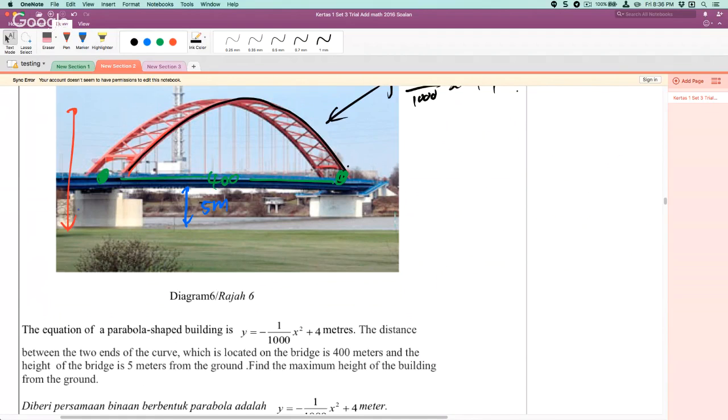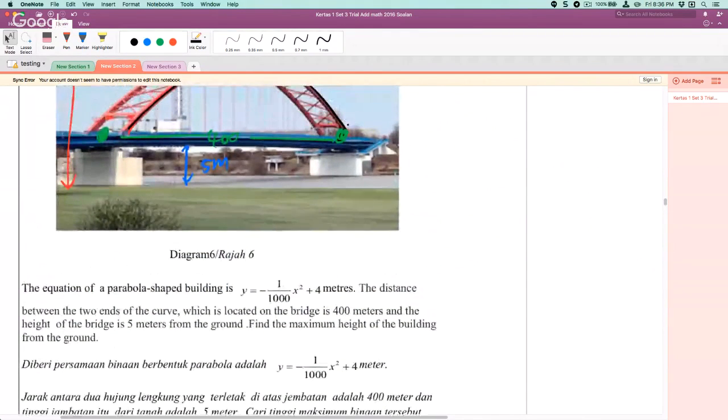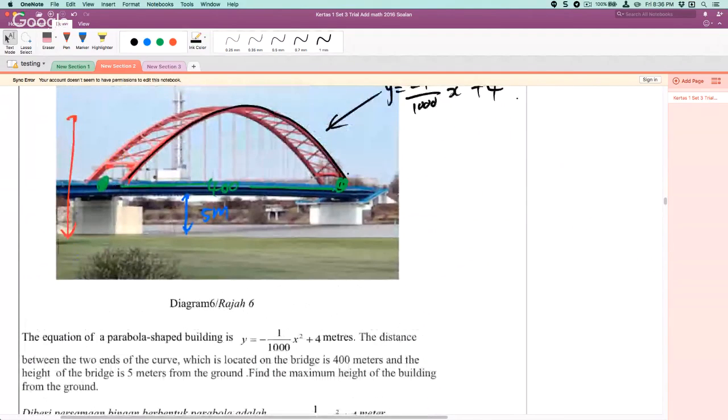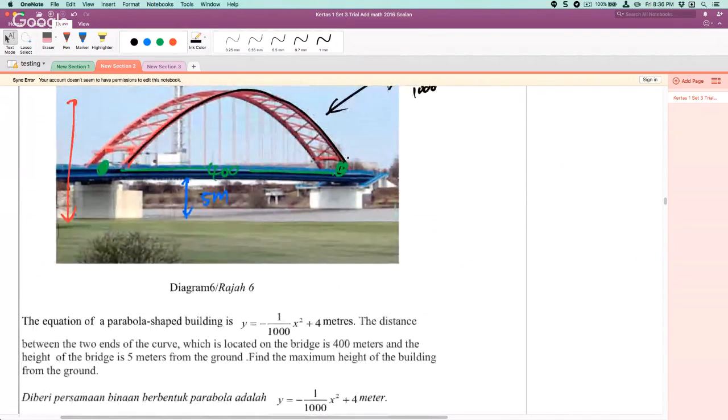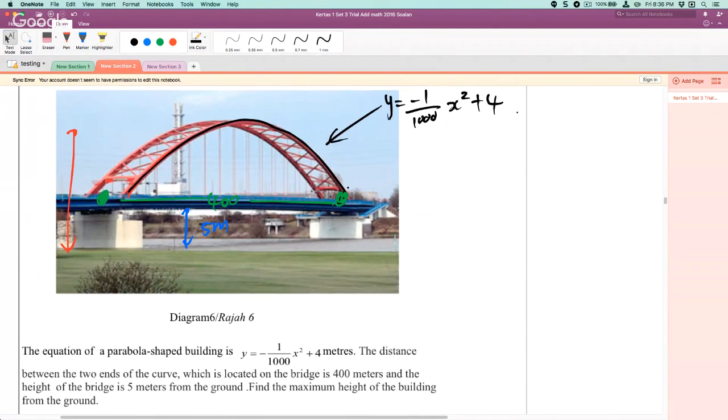Because this question is quite hard, what I will do is find the maximum height. In order to get the maximum height of the building, I first need to understand the maximum.